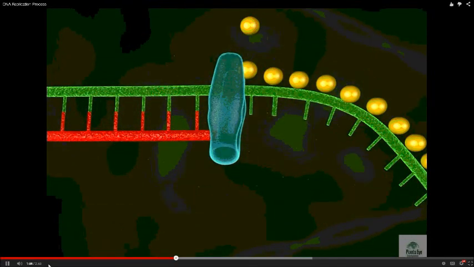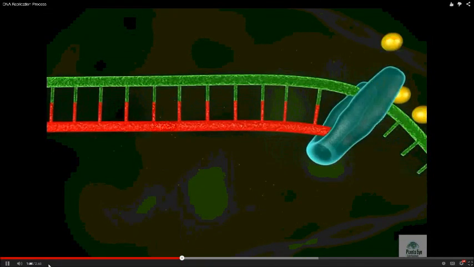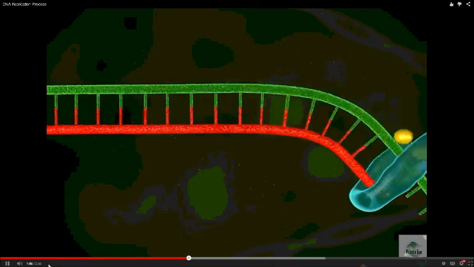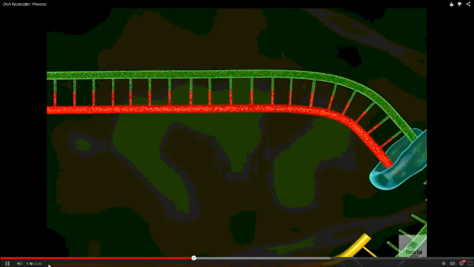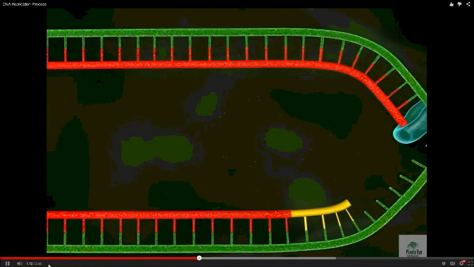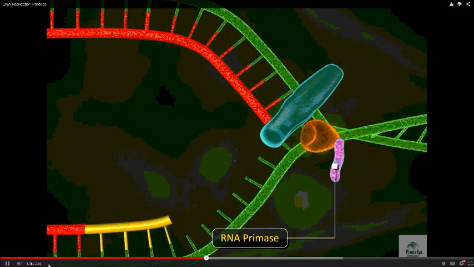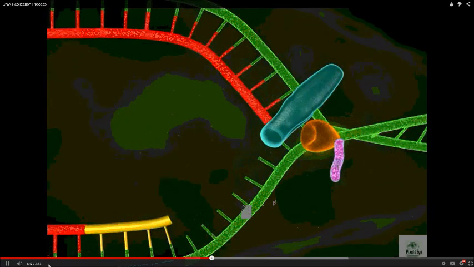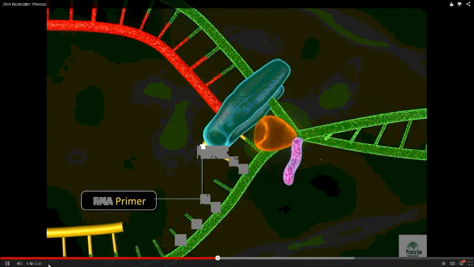But DNA polymerase can add DNA nucleotides only to a pre-existing chain of nucleotides. Therefore, replication really begins when an enzyme called RNA primase assembles a small strand of RNA called RNA primer at the origin.